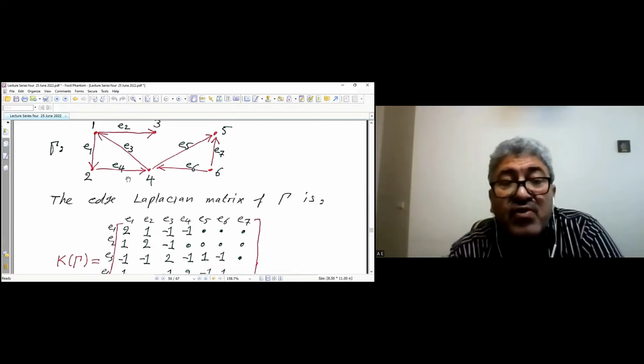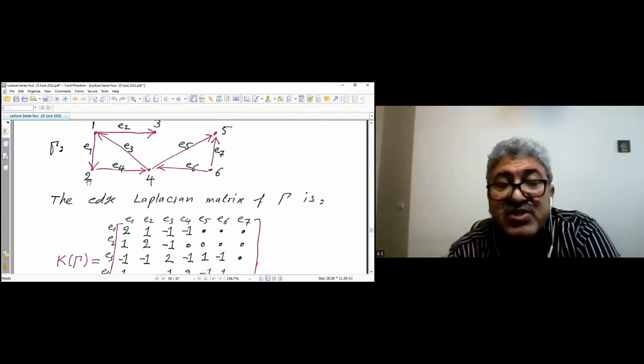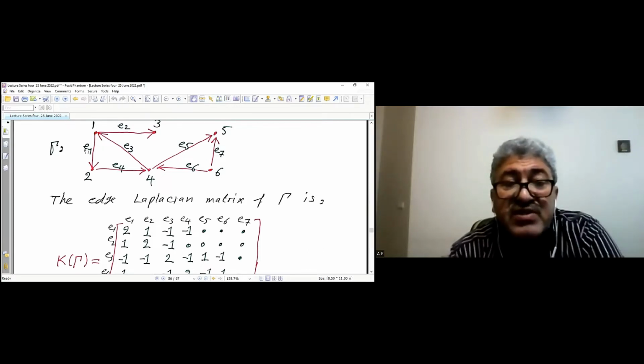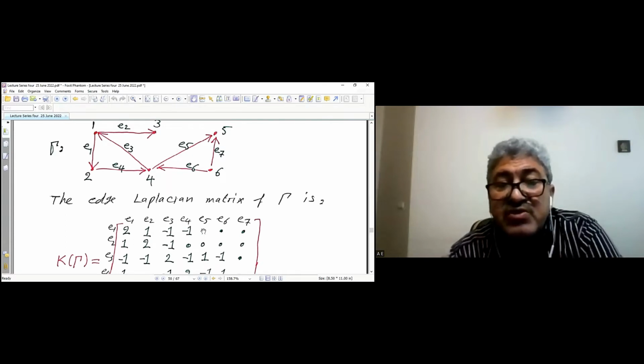E1, E4: again in the second case, E1 is coming down and E4 is going out from the intersection point. So we have again -1. Now look at E1, E5. E1 and E5, there is no intersection, so it's 0.